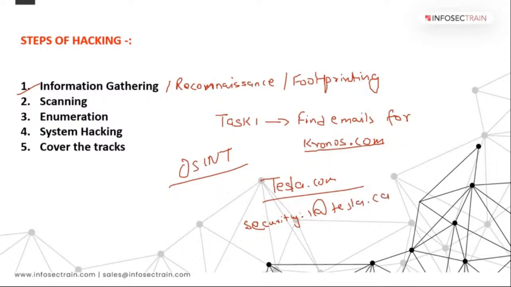So this is a domain and all these that are using this domain are your subdomains. Now what you have to do, you have to find the subdomains for it. So everyone try to find out subdomains for it.